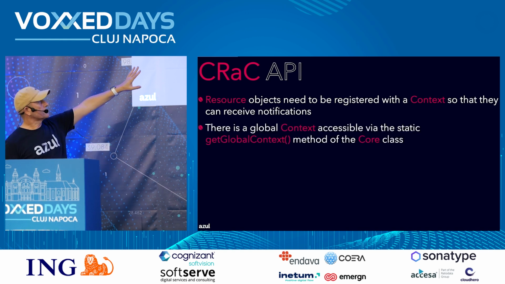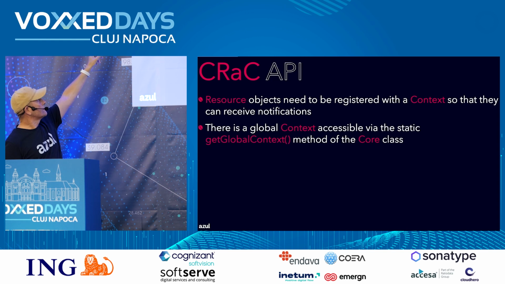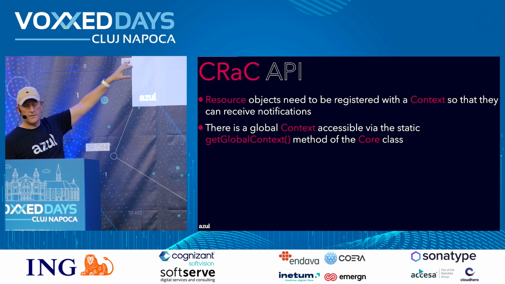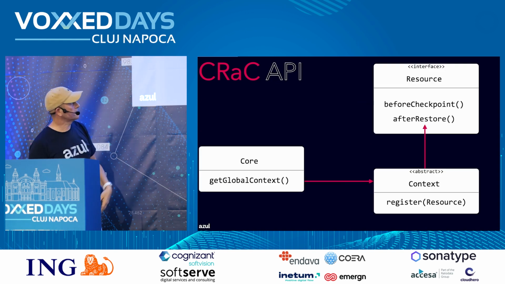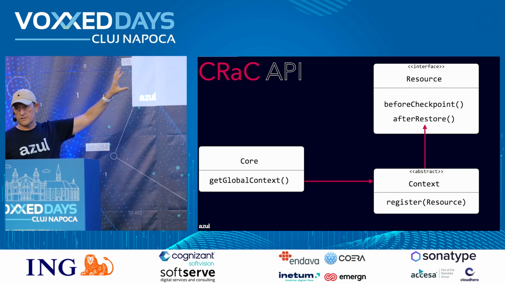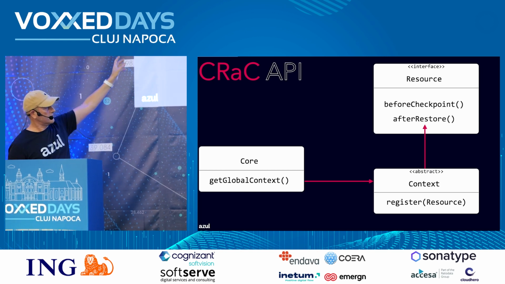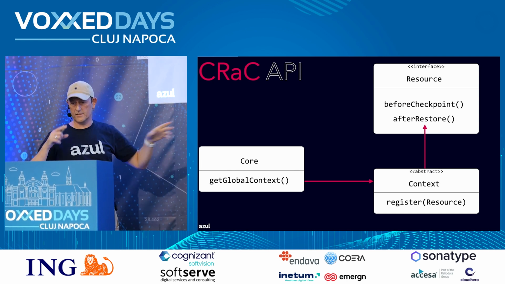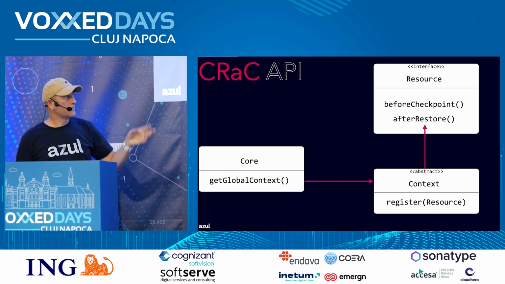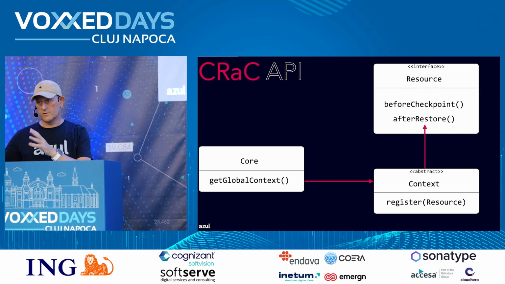You can get the context if you call Core.getGlobalContext, and then you can register your resource in that context. It looks like this. You have your class, you implement the interface Resource, then you get the context, and then you call register on the context for this resource. That's the main idea.